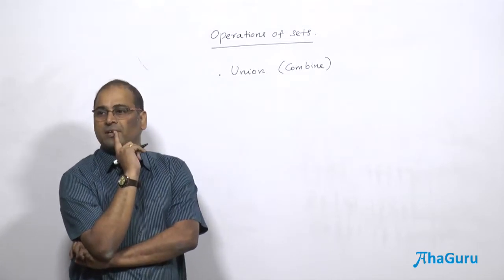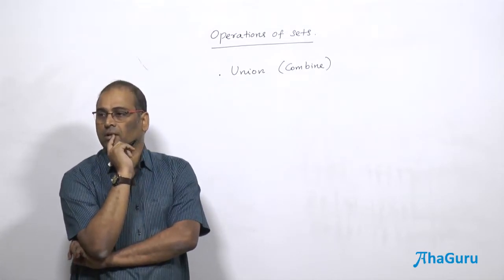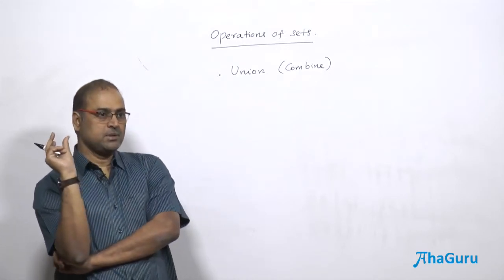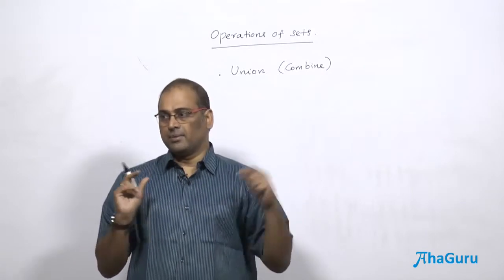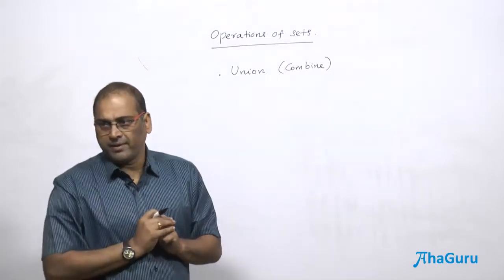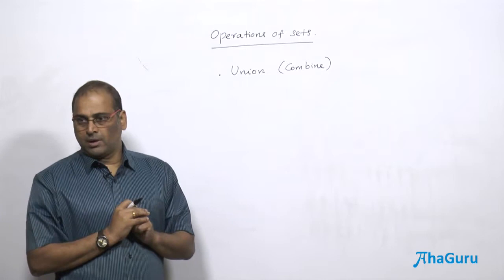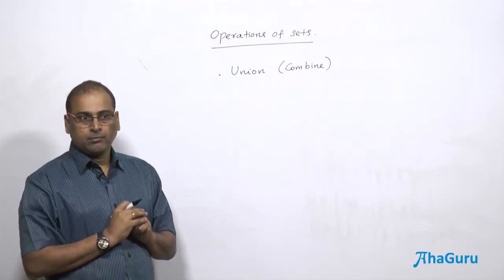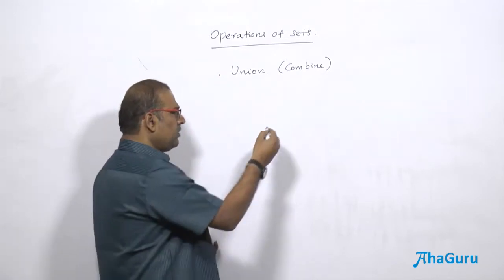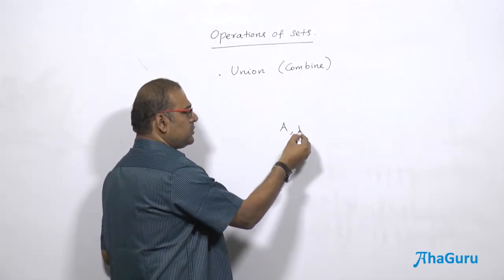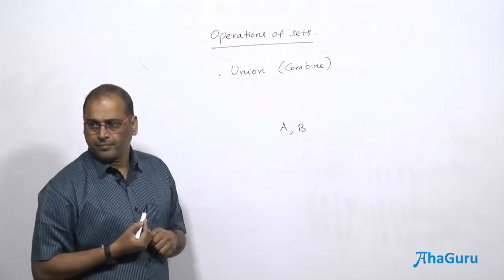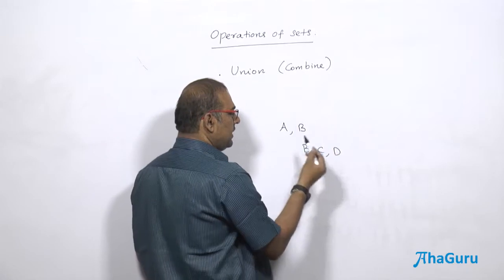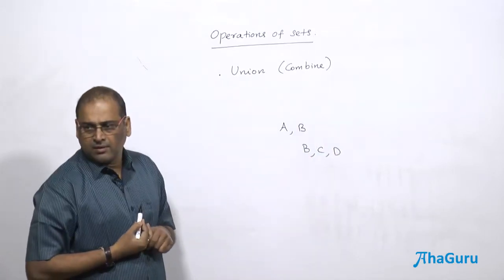Because when I say 2 plus 3 is equal to 5, that means there are 2 items plus 3 distinct items. Then only you can collect them and you get 5. Are you able to understand? Suppose 2 persons like chess and 3 persons in a group, B, C, D, like some other game, let's take tennis.